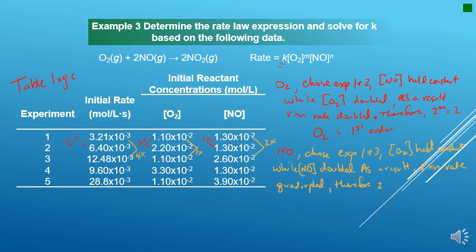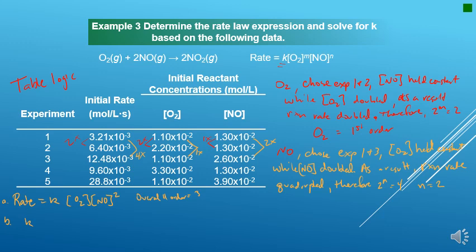Therefore, we have 2 raised to the n equals 4, so n equals 2. So my overall answer would be rate equals k times the O2 times the NO squared. So the overall order would equal 3.